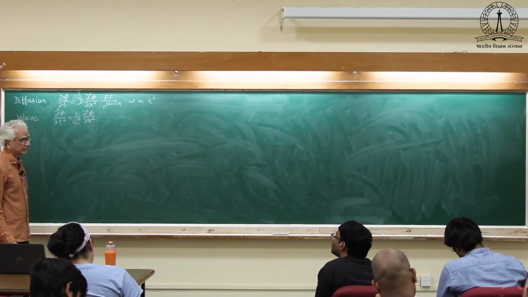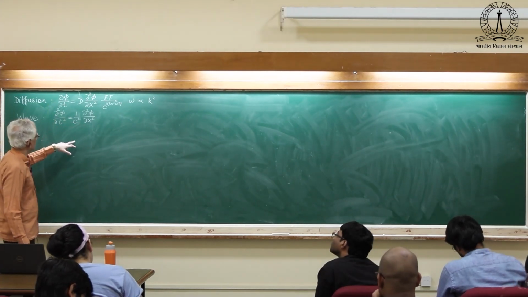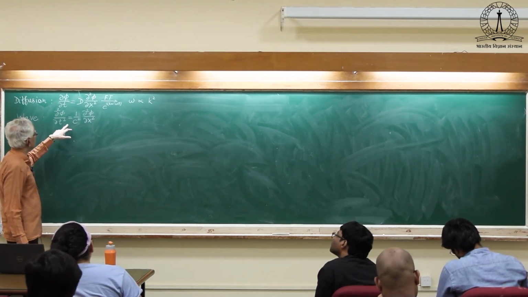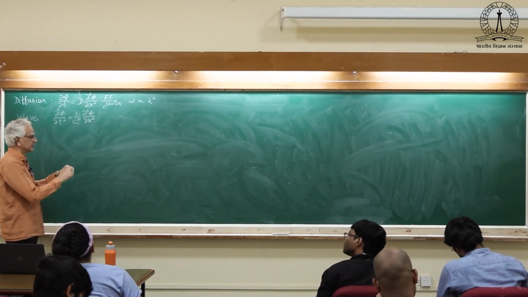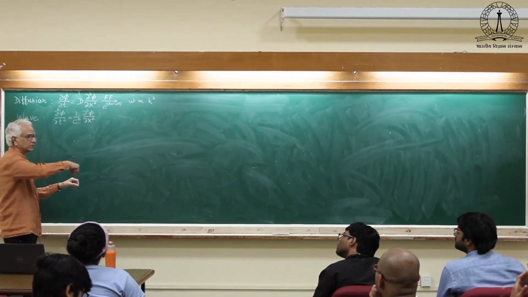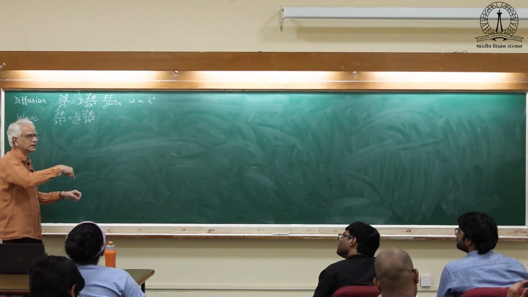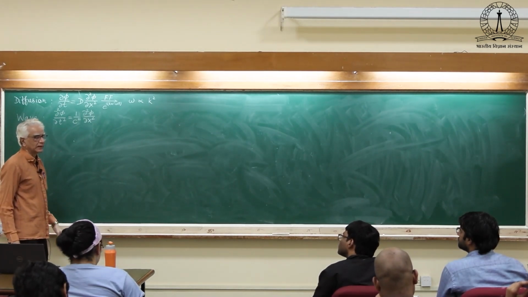It looks like this. You can derive it or understand it in many different ways. For example, the simplest setting is what happens when you have a string tied at the two ends and you pluck it like a musical instrument. It oscillates, and what is the equation? It comes out like this.